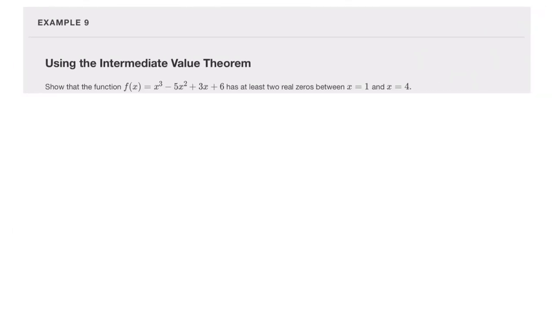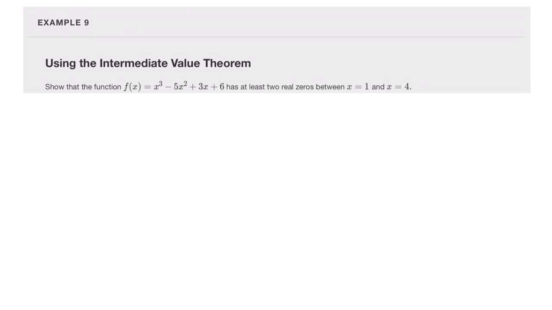Show that this function has at least two zeros between -1 and 4. Something like this, I would use my graphing utility in the form of a table.